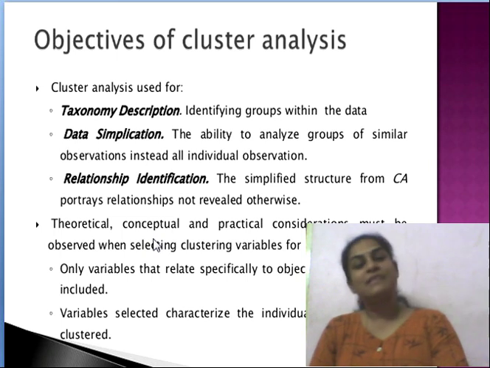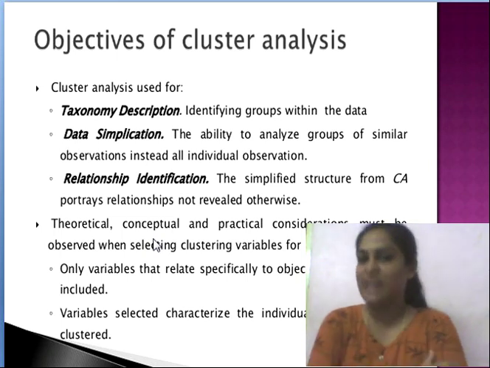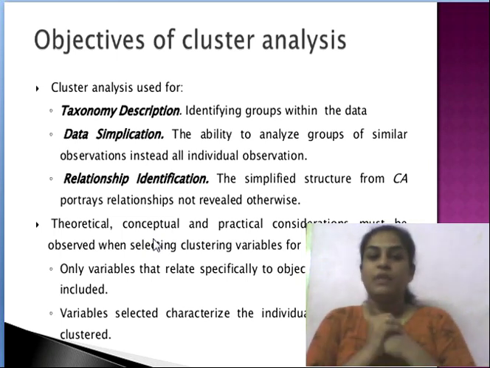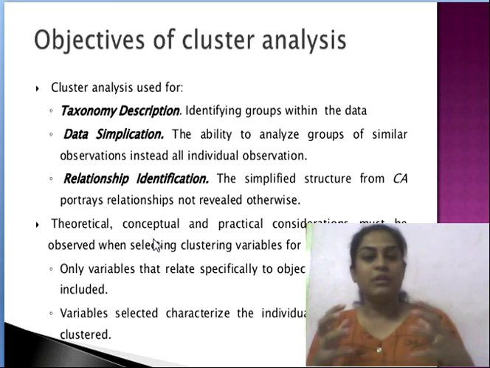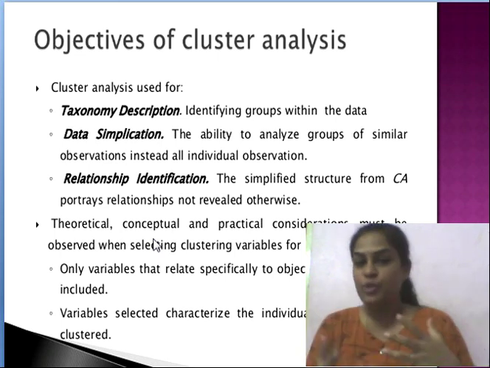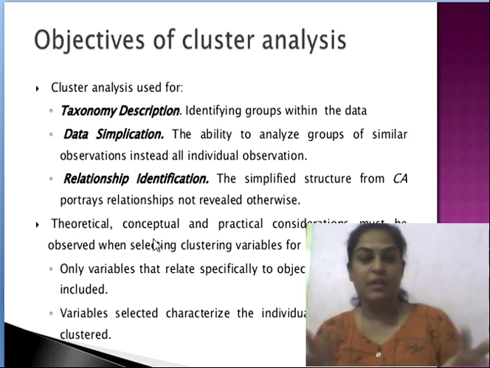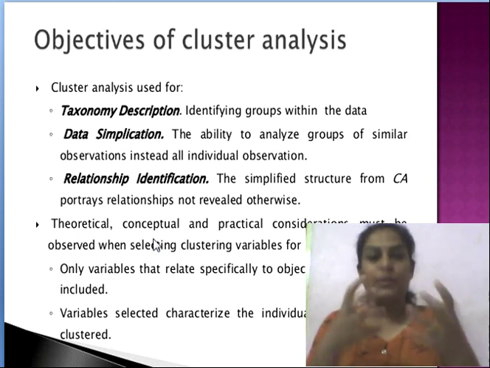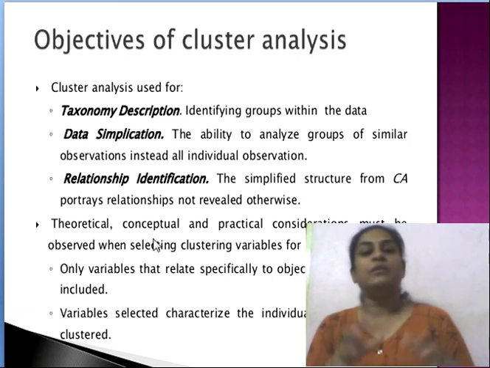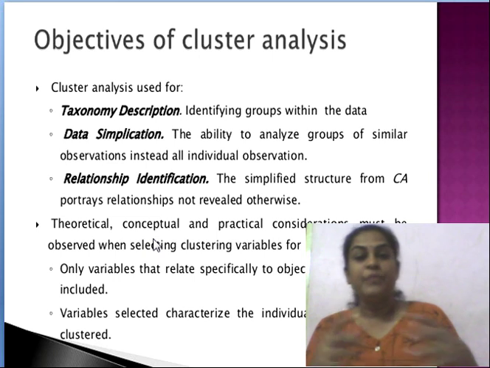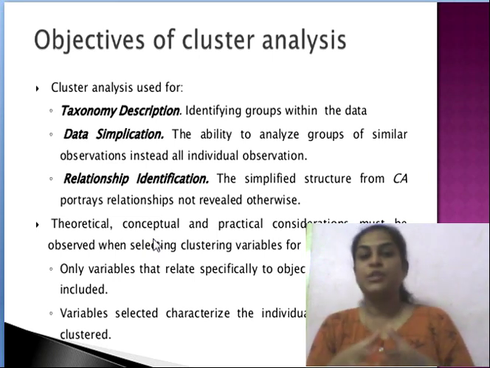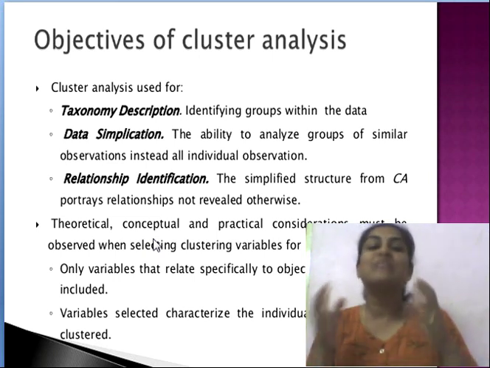Now let us discuss the objectives of cluster analysis. The objectives of cluster analysis are taxonomy description, data simplification, and relationship identification. These are the important objectives I would like to explain. In taxonomy description, we are identifying groups within the data.